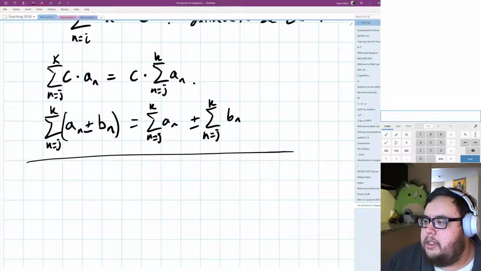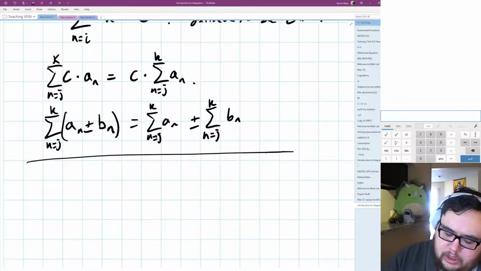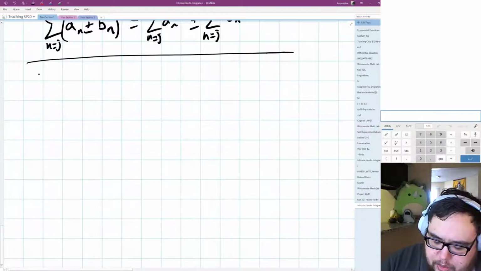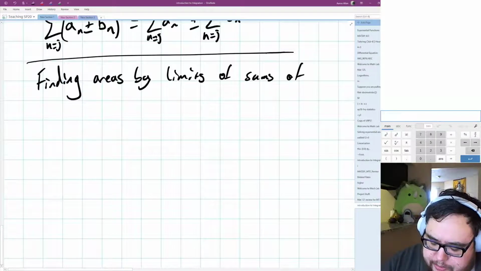So let's go back to this idea of using these rectangles to find this area, right? Let me find the definition I was looking for. There we go. So let's head back to finding areas by limits of sums of rectangles.